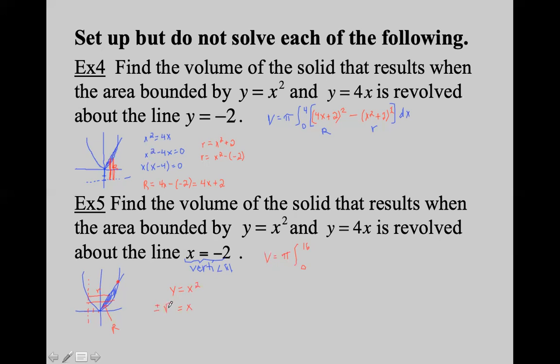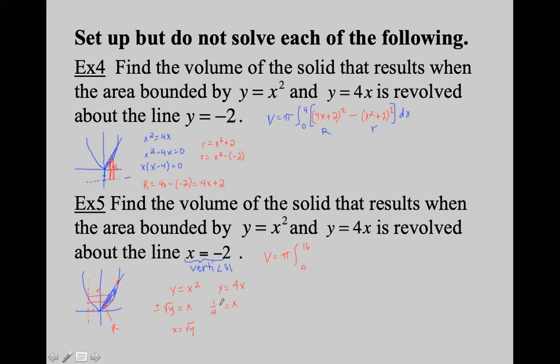But I'm only looking at the positive half, so it's really x equals the square root of y. And then for this other curve, when I solve for x, I divide both sides by 4, and I get x is equal to 1/4 y.